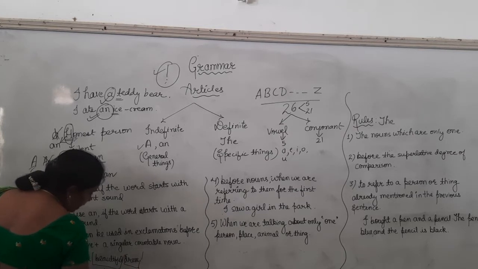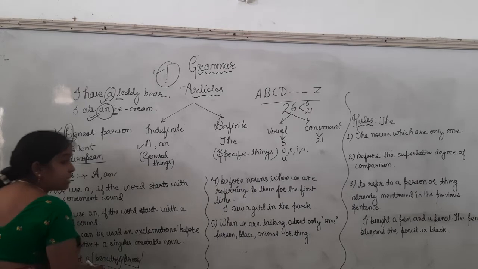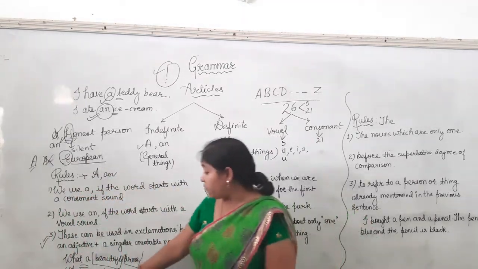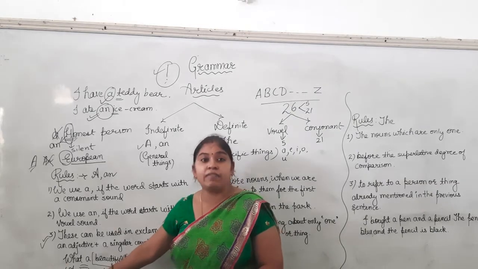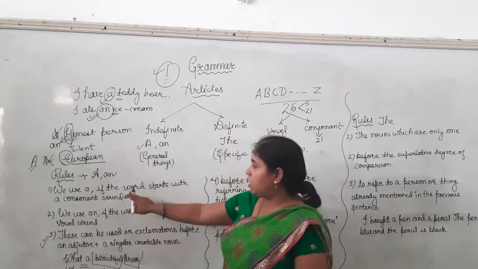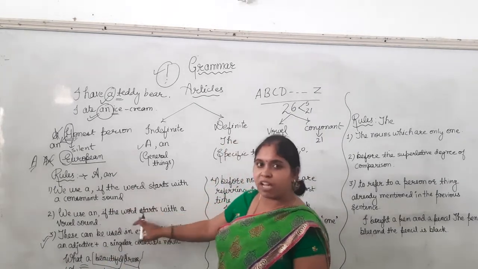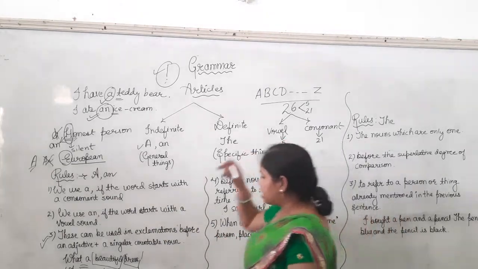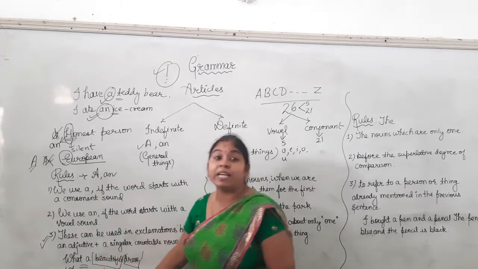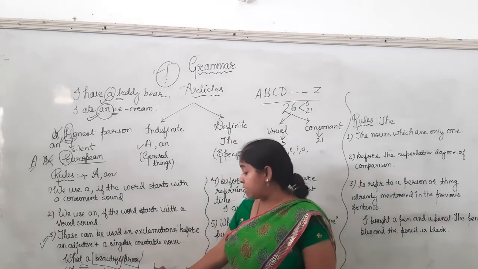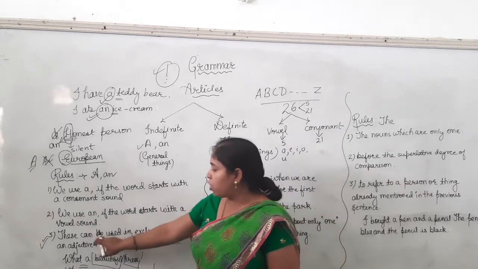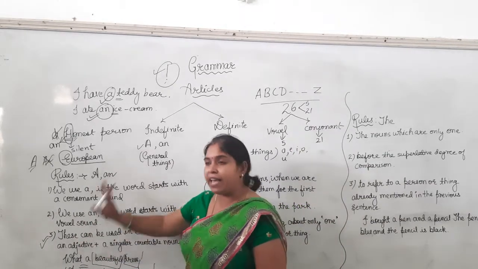Here story is a noun, interesting is an adjective, and the first alphabet is I. That's why an will come, as per the rule we have discussed, vowel and consonant. So here the exclamation mark will come.